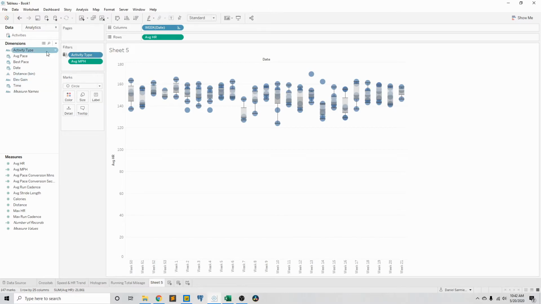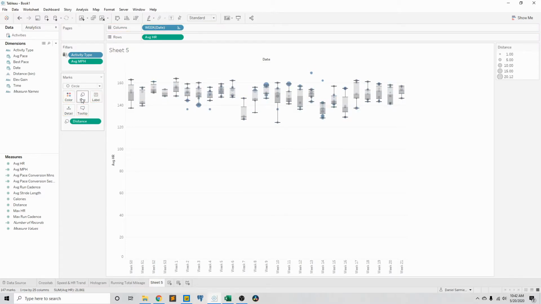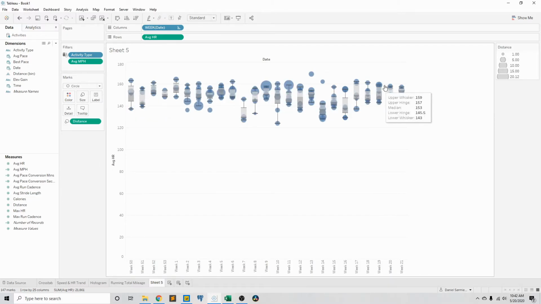And the magic of Tableau and the value of creating this analysis is in being able to add other variables, other measures to give it better descriptive characteristics. So if I'm looking at my distance as the size over here, and let's bring the size back up, I can see over time that even though my heart rate isn't changing, my ability to go further is.